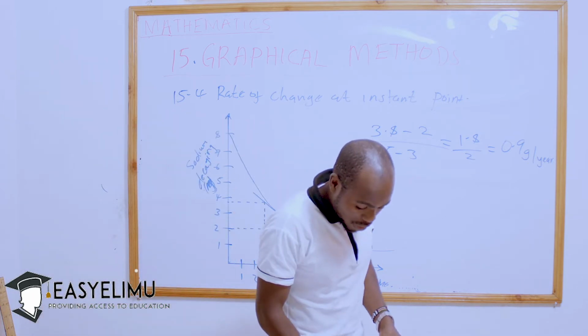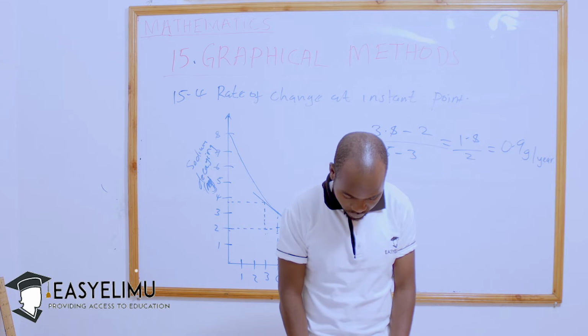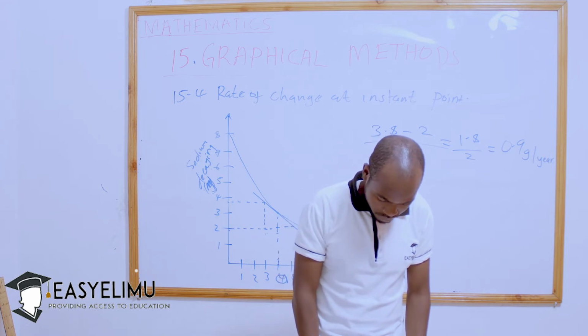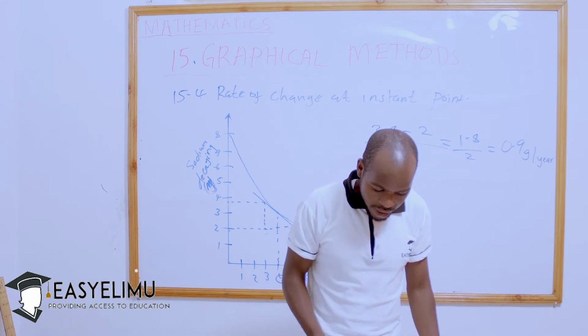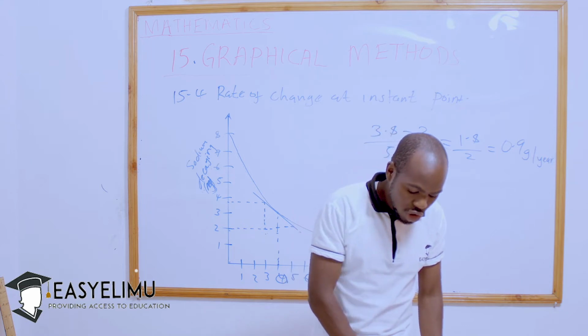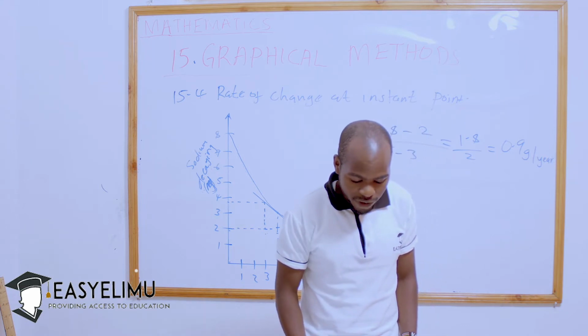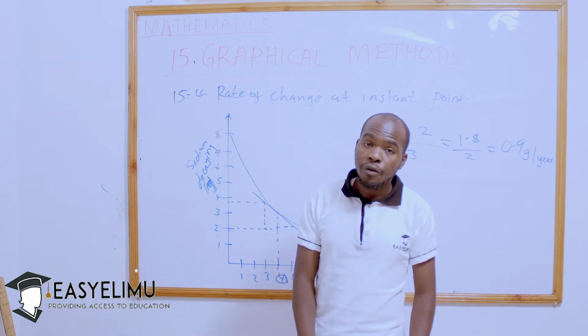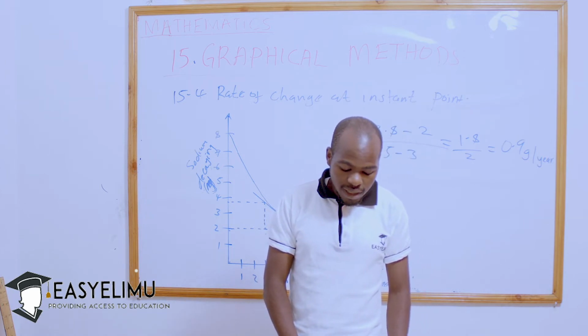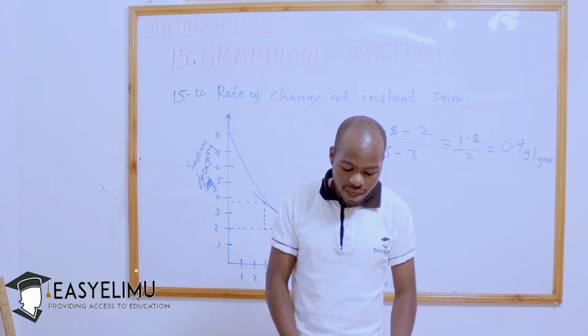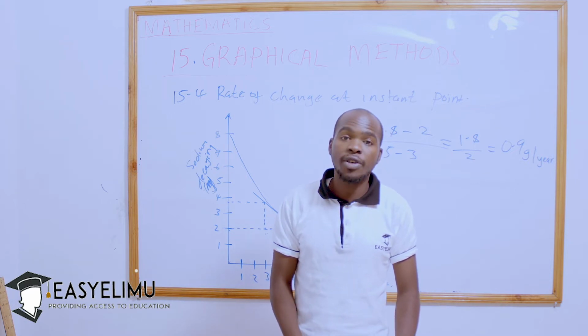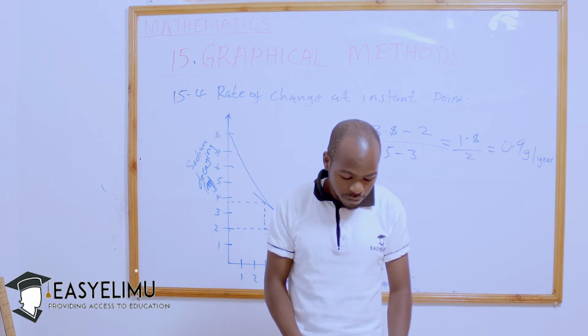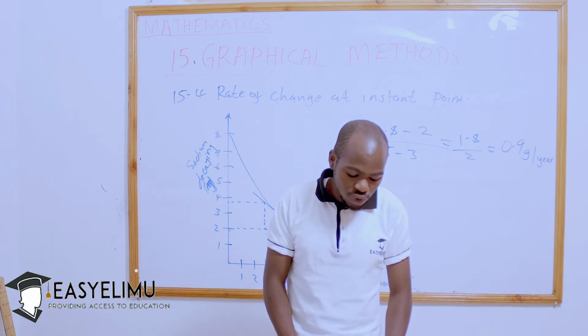So we shall see one of the examples. The example reads, draw the graph of y equals 5x cubed minus 15x plus 7 for negative 2 less than x less than 2. So the interval is from negative 2 to positive 2. Find the gradient to the curve at the following points.